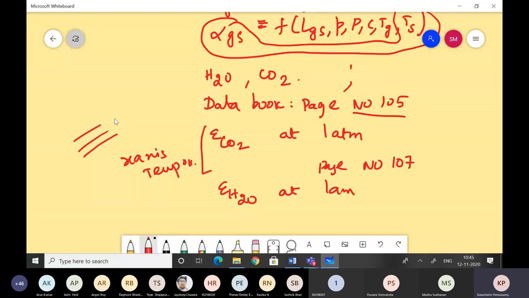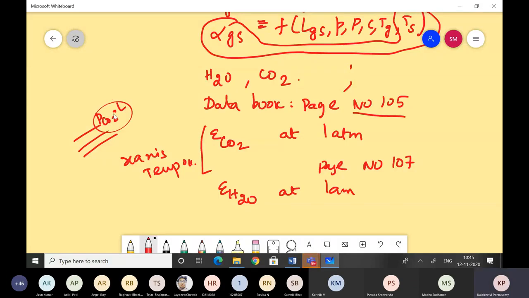You are not opening the data book which is loaded there. It is not only pressure. It is the partial pressure of CO2 multiplied by your mean beam length, right? Page number 105.